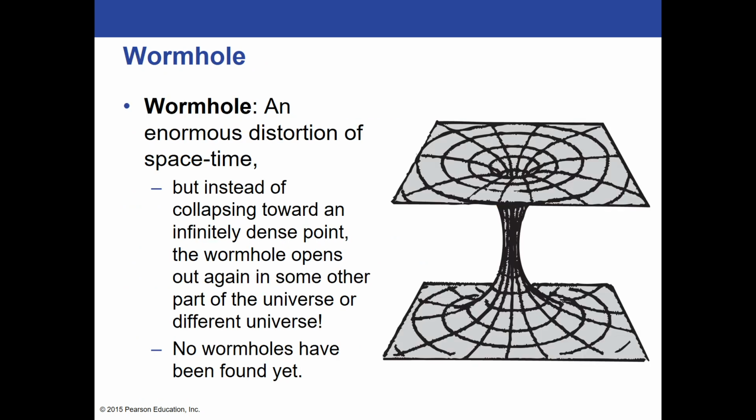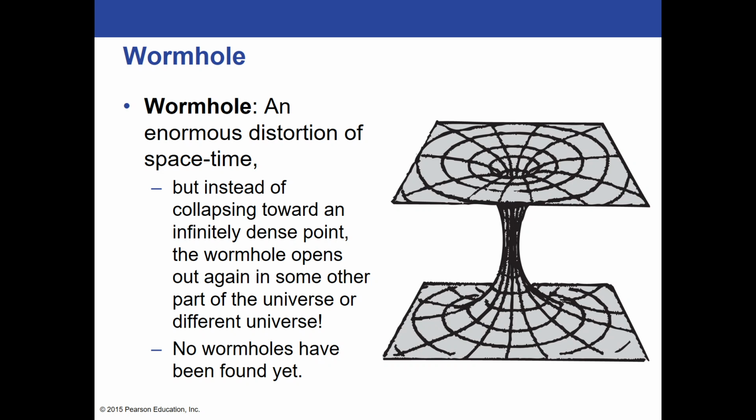Now, some solutions to general relativity, or Einstein's equation of gravity, allow for wormholes. So a wormhole is an enormous distortion of space, but instead of collapsing to a single infinitely dense point, it opens again in some other place. If you think of the fabric as being a piece of paper, this paper can be in any shape.